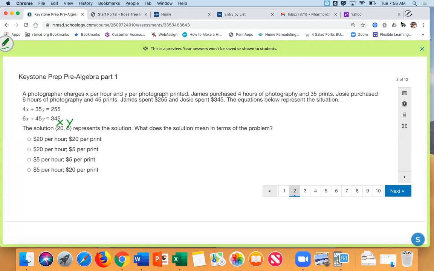Now, Drew, x represented what? What does x represent? Per hour. This is per hour. And y represents per photograph. So if I just write that in, $20 per hour, $5 per photo.